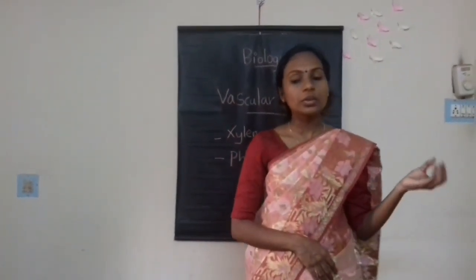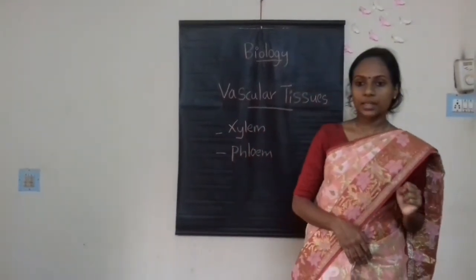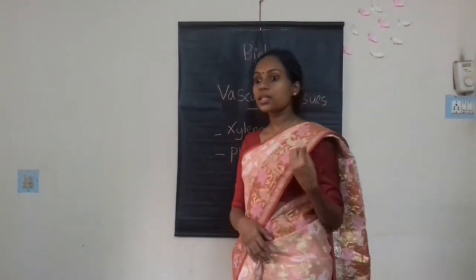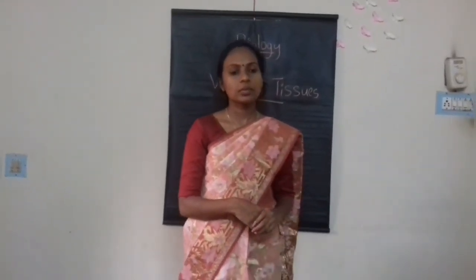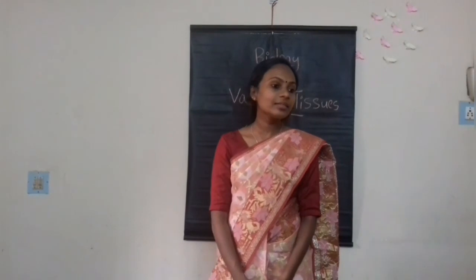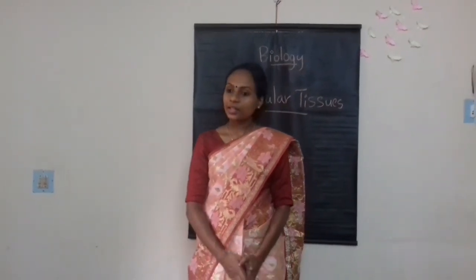In animals also, in humans you can say blood. There are certain other organisms also, isn't it? So find out which are the conducting organs seen in these different organisms. Okay, have you completed? Okay, thank you students.